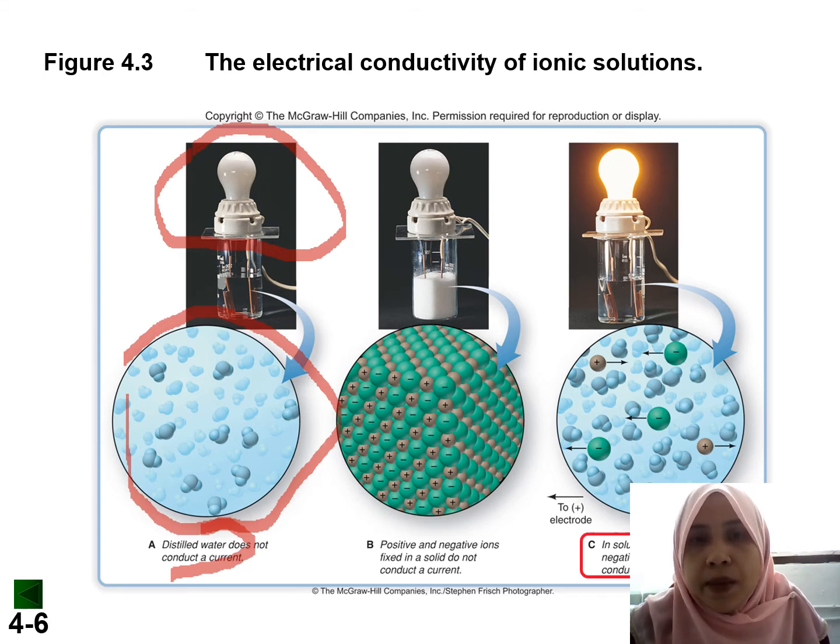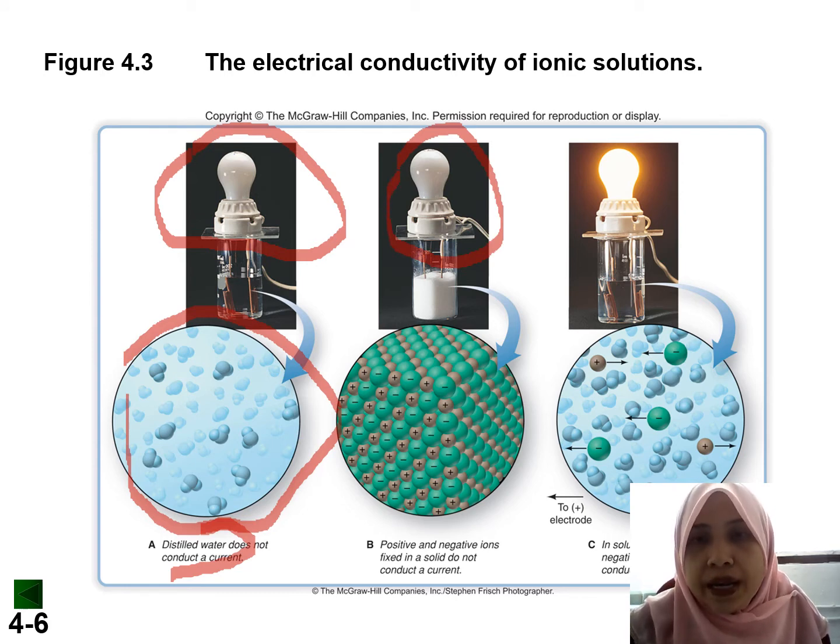Same here: when the electrolyte is only a fixed solid, even though it consists of charged positive and negative ions, it doesn't conduct a current in the solid state. That's why this bulb also doesn't produce light.